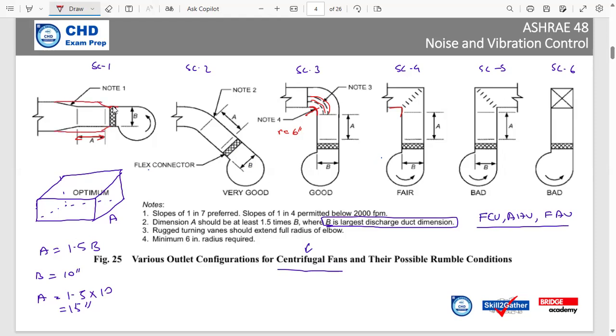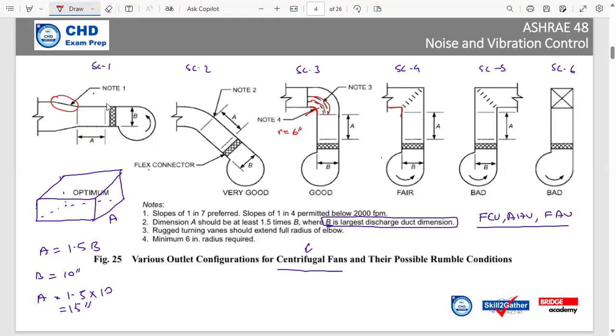This is a mistake here. You shouldn't do this. And the second mistake that I see usually is about the slope here. Sometimes we make a very sharp slope. A very sharp slope is not welcome here.